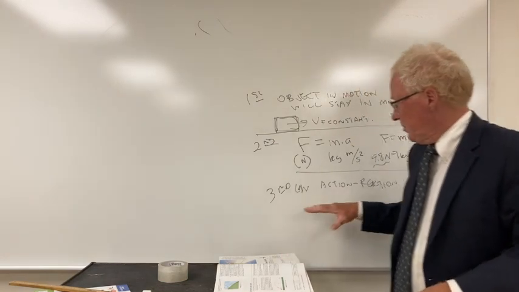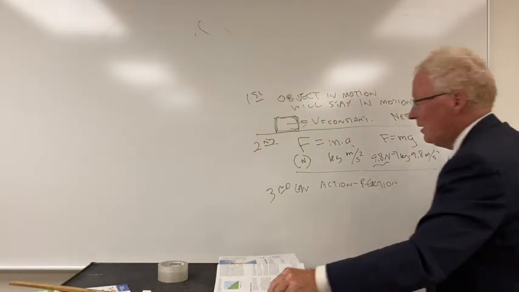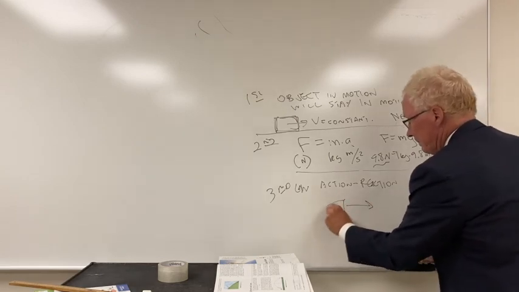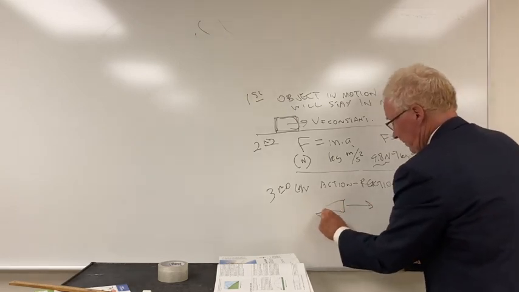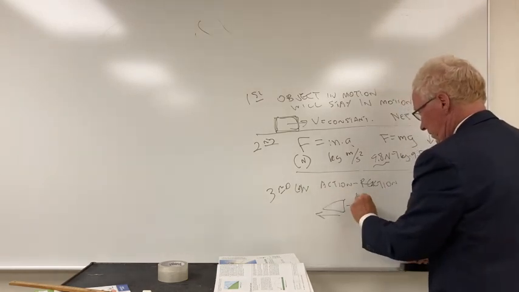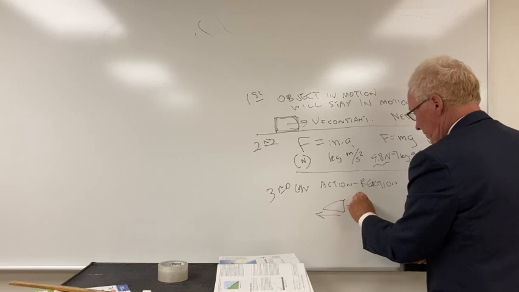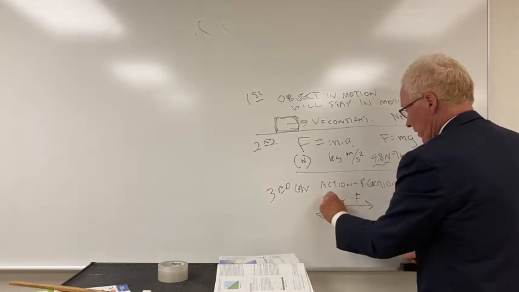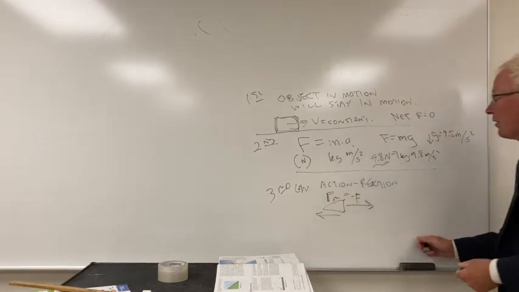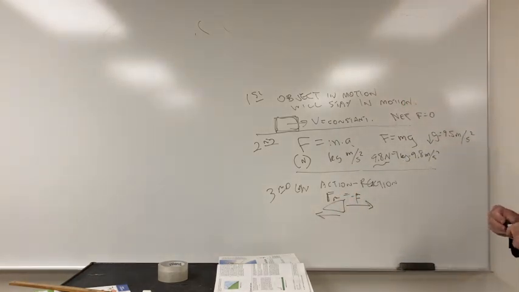So this is Newton's third law of motion, action, reaction. So a force that way has an equal and opposite force in the other direction. So this is the force, and we call this the reaction force, and the two are equal and opposite. All right? So those are the three laws of motion.